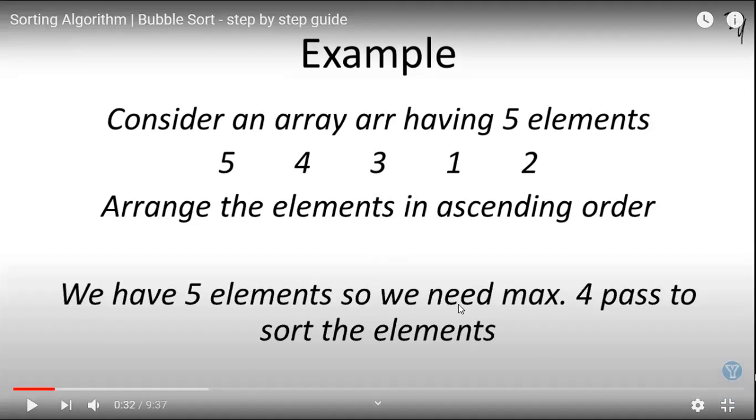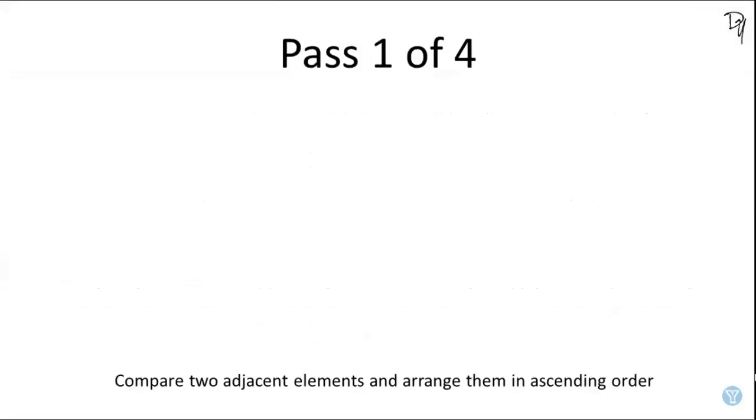To sort these elements, how many steps do I need in total? n minus 1 passes. Totally 5 elements are there, so how many times do I execute the same procedure? n minus 1 times, nothing but 4 times I should execute the procedure. That is what we call passes. So 4 passes I need to sort the elements, right?